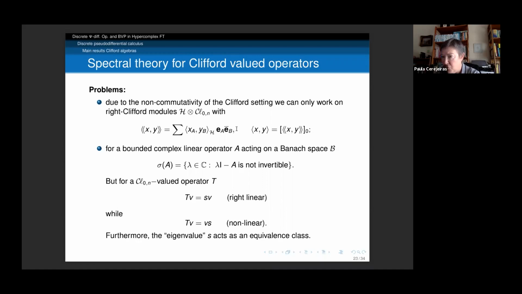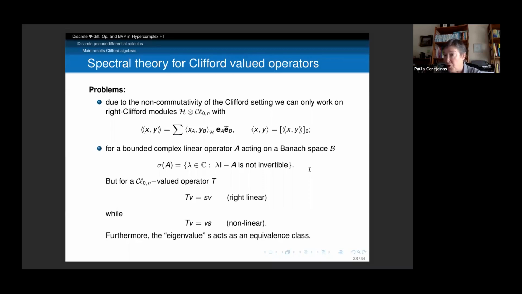Nevertheless, if you want to construct functionals and use the Riesz representation theorem, it's exactly this pseudo inner product that you will be needing.